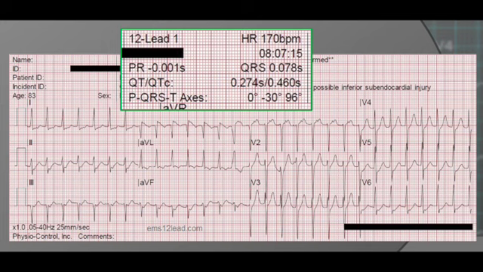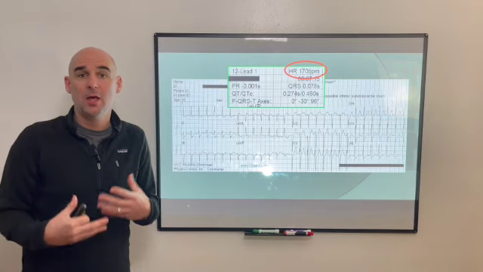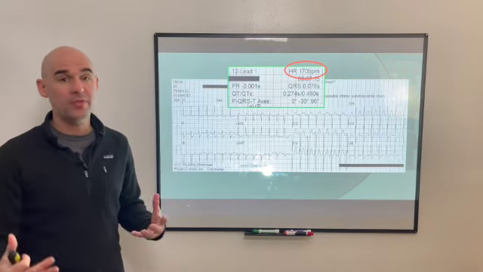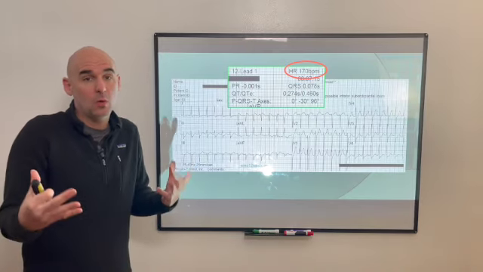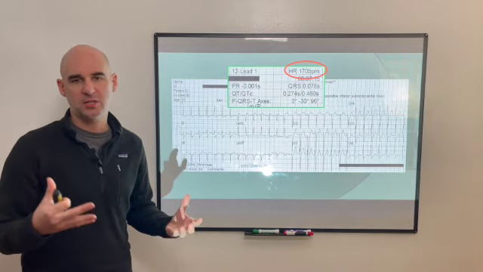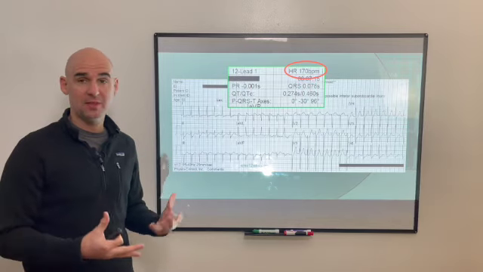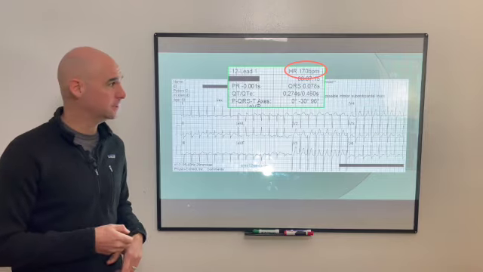So an 83-year-old having that fast of a heart rate certainly could warrant chest pain, could make them look like acute coronary syndrome. But we can already know that the rate is far too fast. So what do we need to do? We know that we need to slow this rate down before we try to determine whether this is an underlying ischemia. Most likely this is a rate-induced ischemia, and we need to figure out the cause behind it.